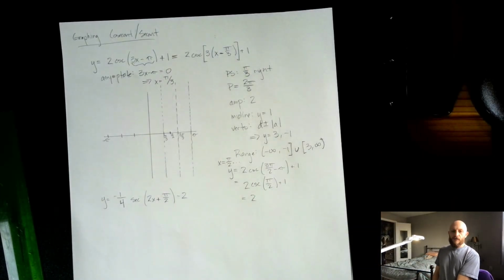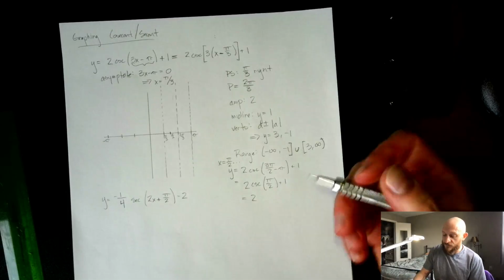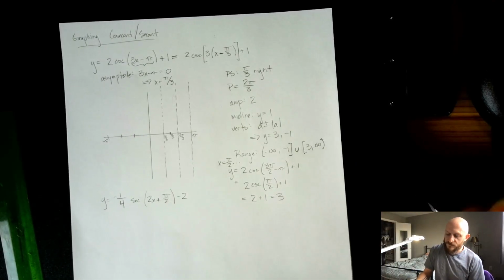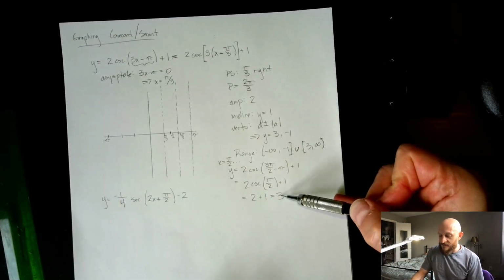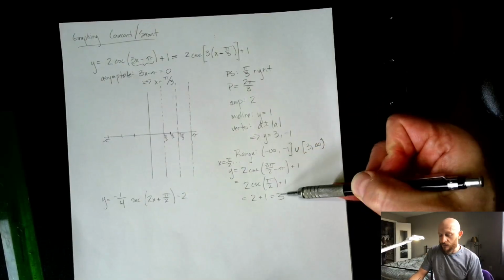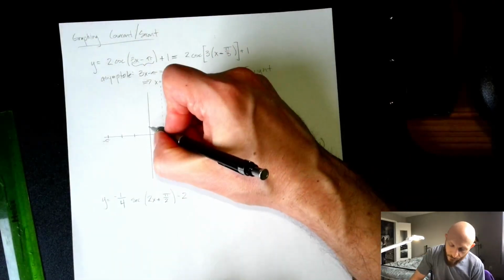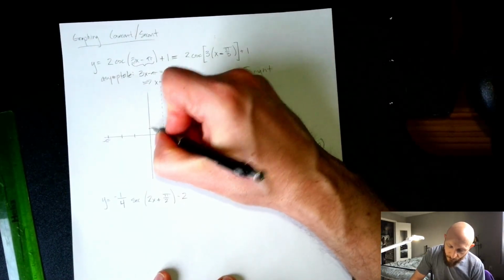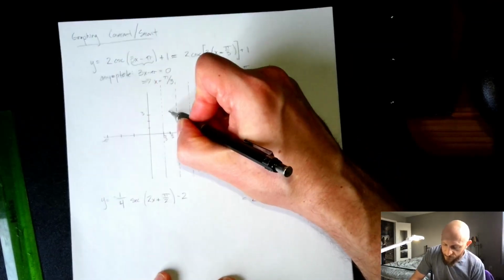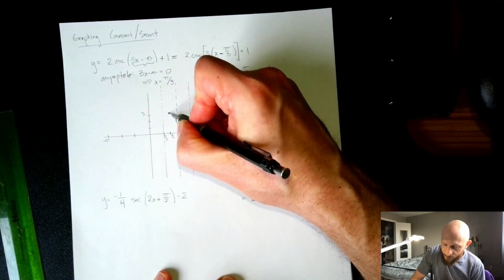Sine of pi over 2 is 1, which means the cosecant of pi over 2 is 1. So this just becomes 2 plus 1, which is 3. So this is telling me that when x equals pi over 2 in my function, y equals 3. So let's see here, 1, 2, 3. At pi over 2, it's at 3.